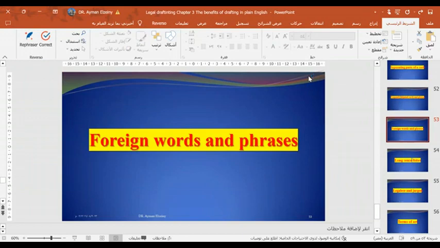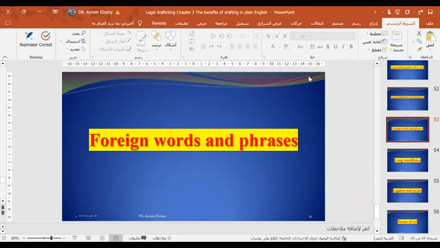"Inter alia" means among other things. "Inter se" means among themselves. "Inter vivos" means between living people. "Mutatis mutandis" means with the necessary changes made.